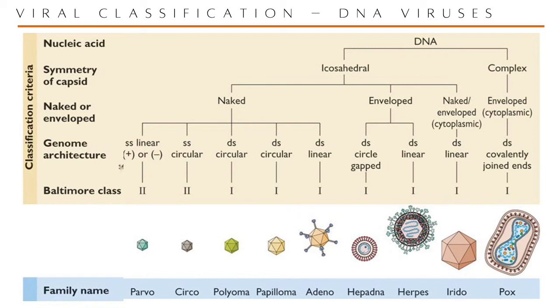The DNA can be single-stranded or double-stranded. That strand could be positive or negative sense. These viruses could be naked, or it could be enveloped. It could also be subdivided into if it has an icosahedral capsid or a complex capsid.